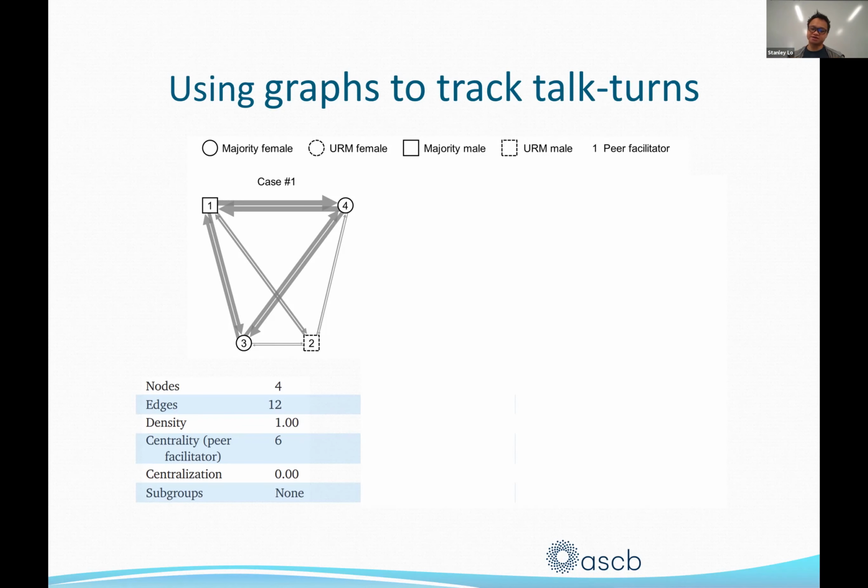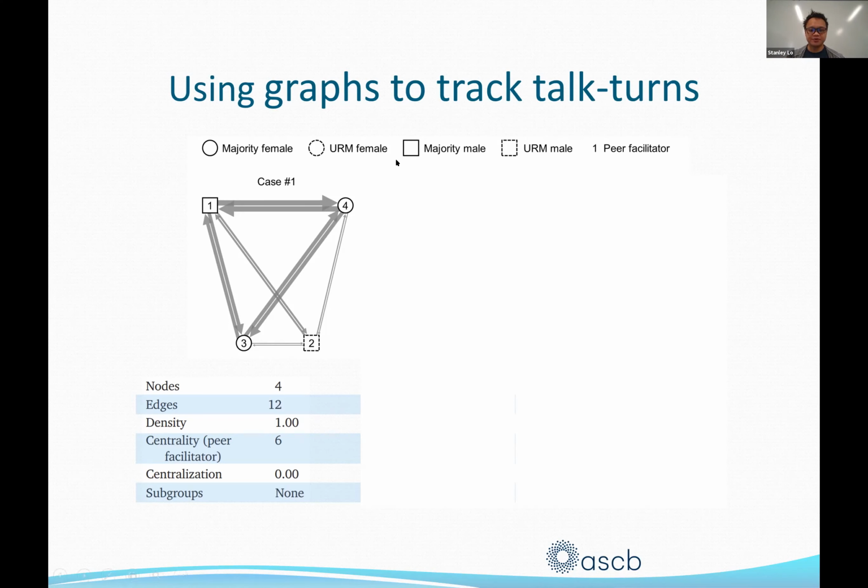But that's an individual-level characteristic. Centralization is the graph-level number. Again, it goes from 0 to 1. 0 means that not one person is central to the graph, versus 1, where there is a very central person.